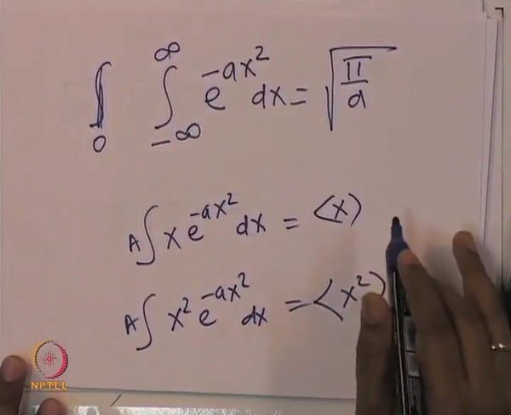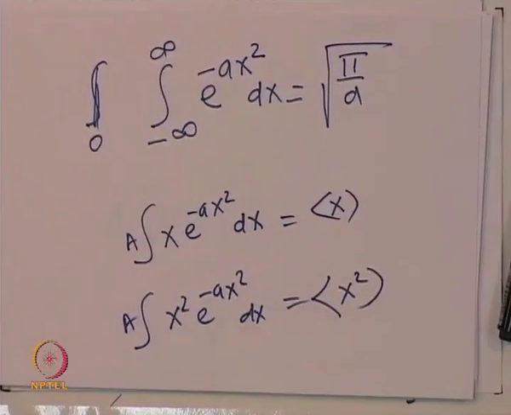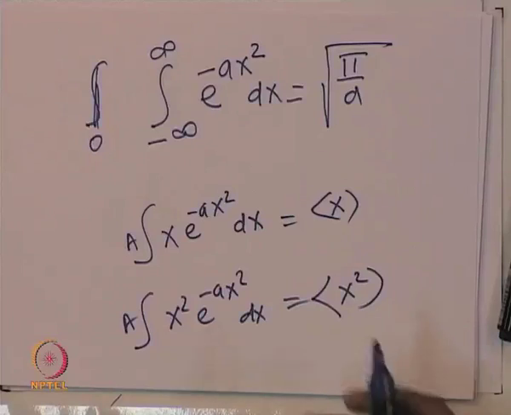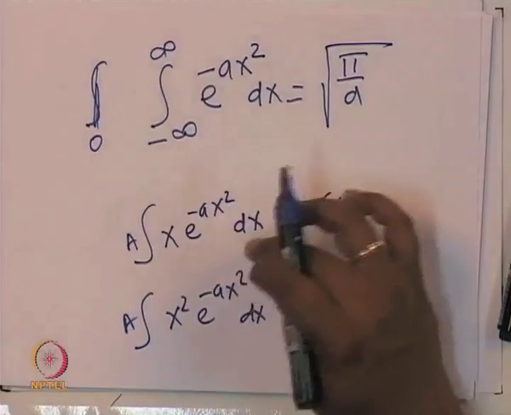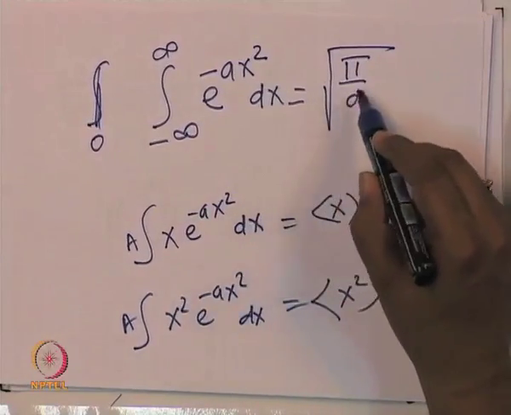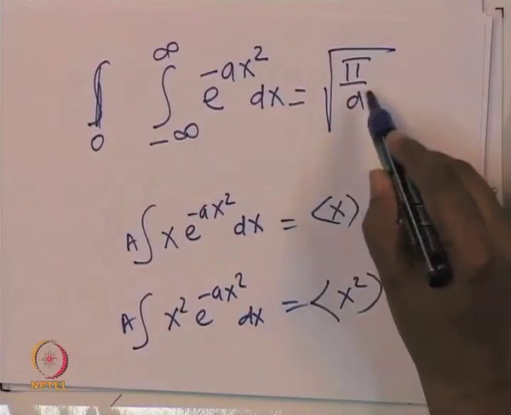While we discussed x average and x square average, this might also come again, but these integrals are very useful once we know that the integral of e power minus a x square is root of pi by a.